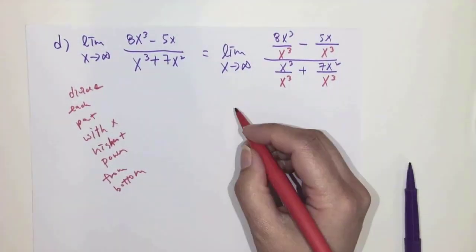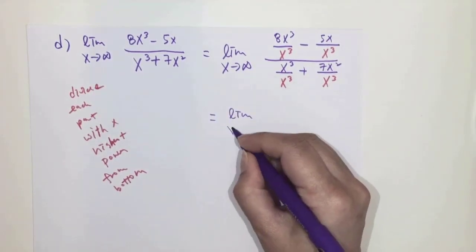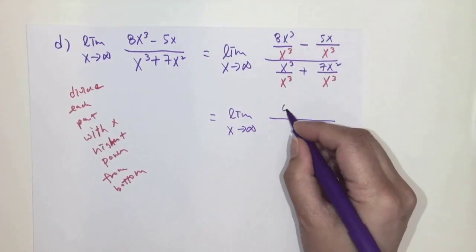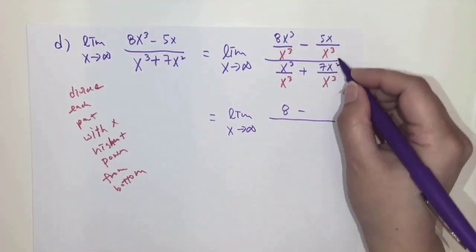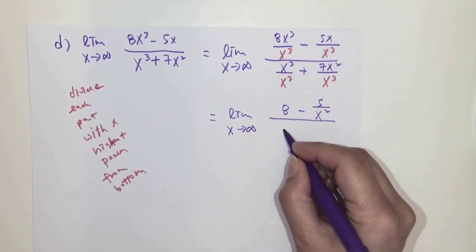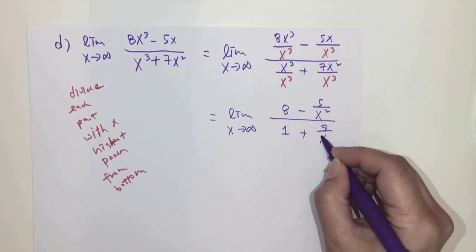The first one, again, we haven't plugged in anything yet, so I cannot drop the limit. This one cancels and cancels, I just have 8. And then minus, I will end up with 5 over x squared. This one will just be 1 plus 7 over x, right?